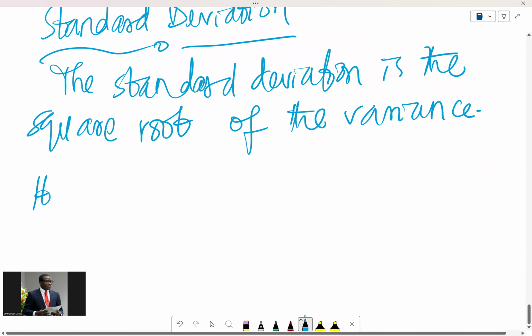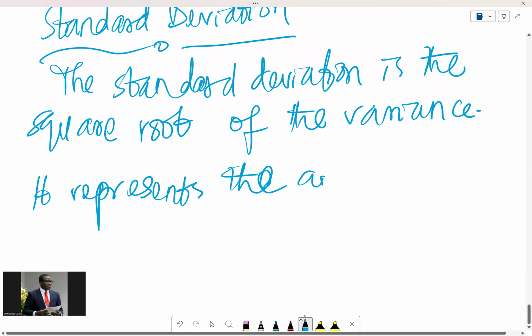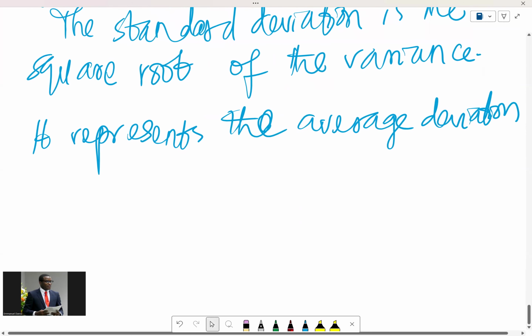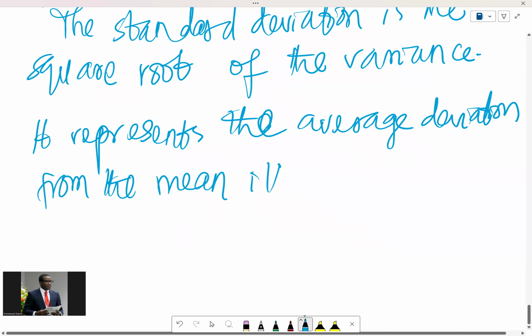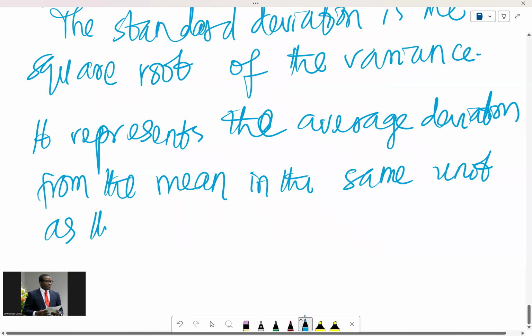So it represents the average deviation from the mean in the same unit as the original data.